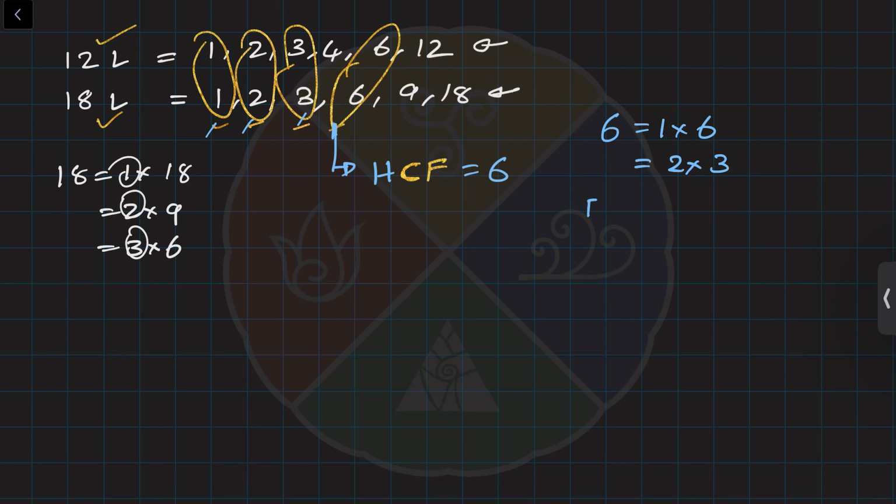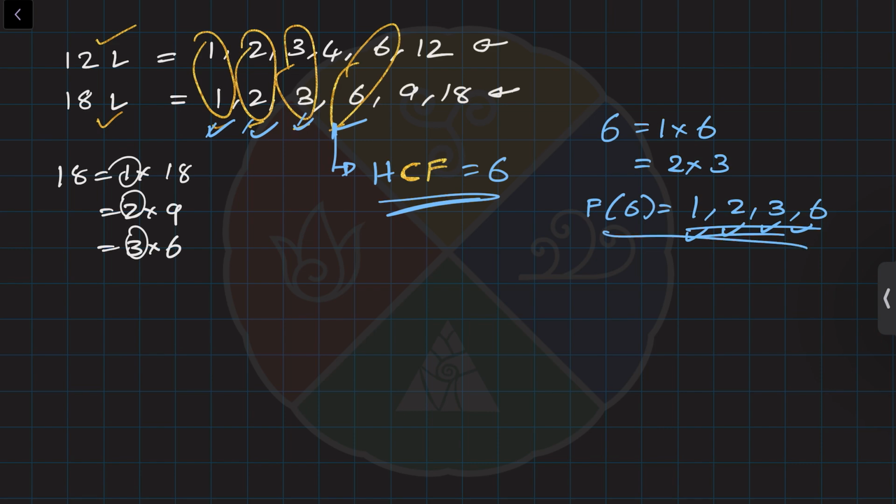Those will be 1, 2, 3 and 6, the same values you get here. So to find all the common factors, you just have to find the HCF and then find all the factors of the HCF.